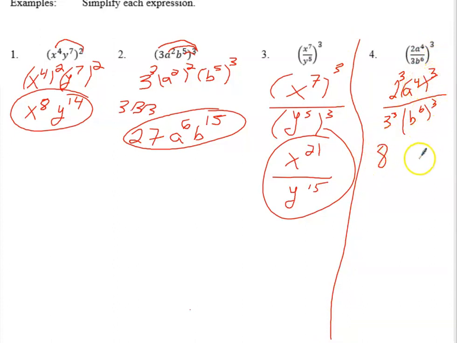We multiply these exponents to become a to the 12th. On the bottom, 3 to the third we already said was 27. Then 6 times 3 gives us b to the 18th as our final answer. So it's important that you take your time and make sure that you take everything to the third power, because organizationally you can mess yourself up if you're not careful.